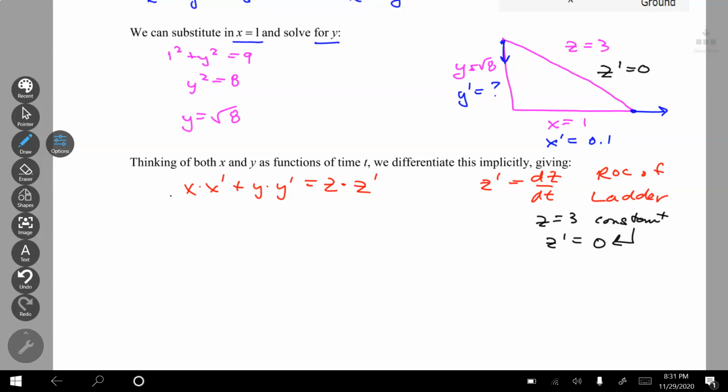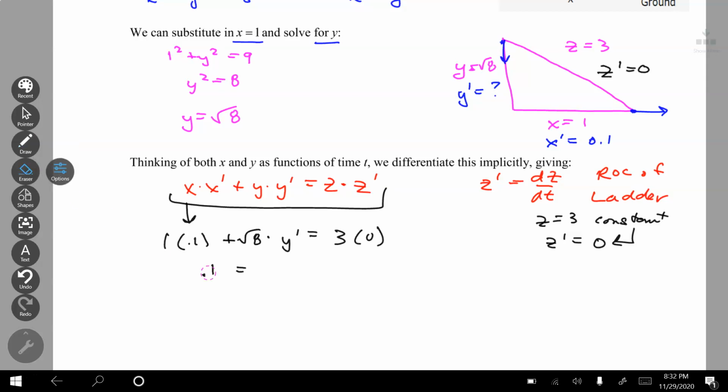So when I fill in with what I know, I know this is 1 times 0.1 plus radical 8 times y prime is equal to 3 times 0. So right now I have 0.1 plus radical 8 times y prime is equal to 0. I bring this over to the other side.